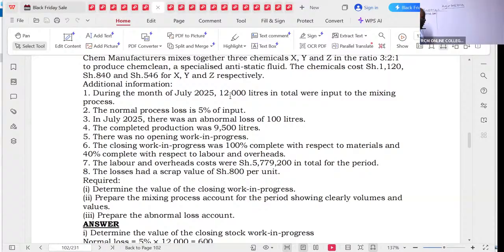All right, ladies and gentlemen, apart from that, we continue. We can see note 2. The normal process loss is what here? 5% of the input, isn't it? So we have normal loss, 5% of the input, which is 12,000. So that will end up giving us what figure? 60 or 600?